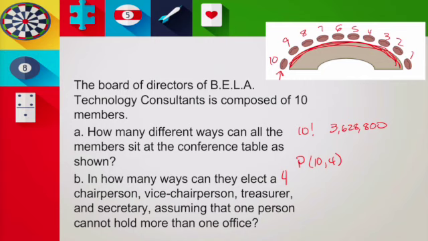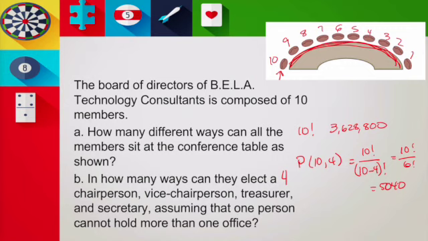Using the formula, that would be 10 factorial over 10 minus 4 factorial, which is 10 factorial over 6 factorial, which you can put in your calculator. I'll show you how to do factorials on a calculator in class. 5,040, which is much smaller.